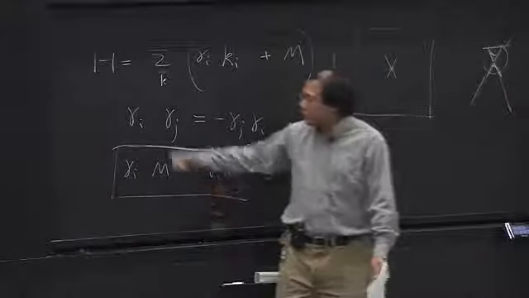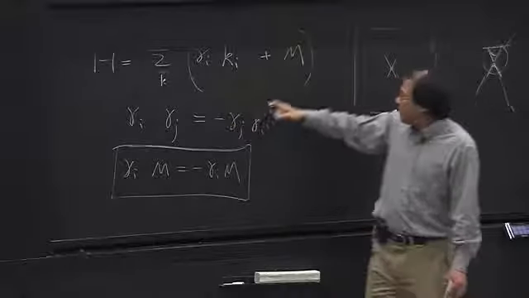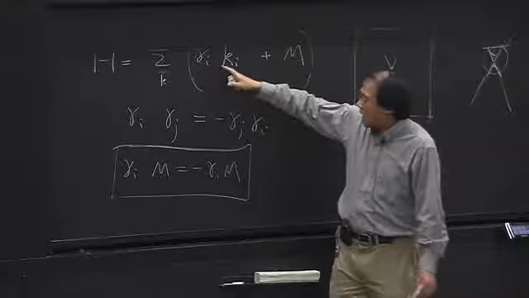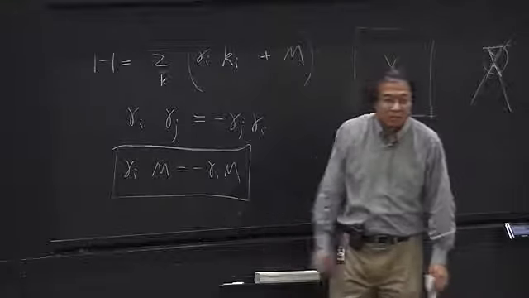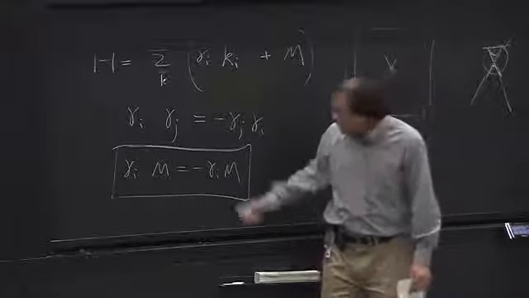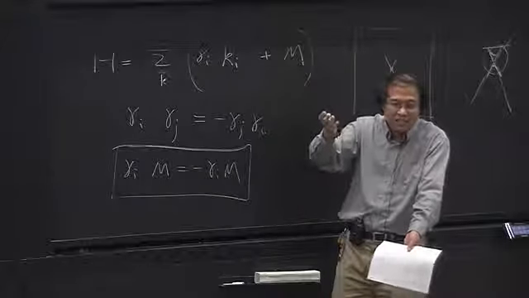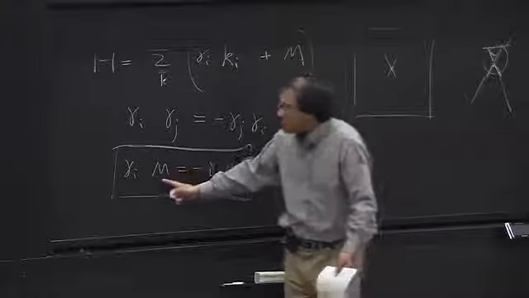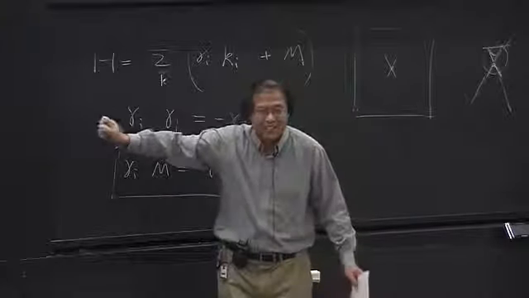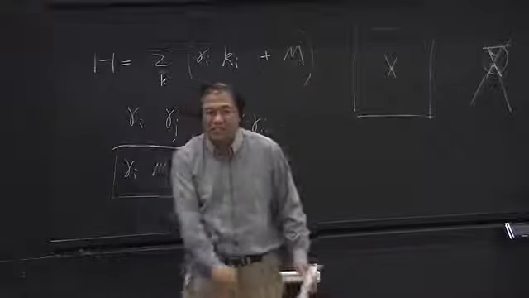So we have a system of gamma i which anti-commute with each other. And the mass matrix which gaps the Dirac fermion has to be a matrix that anti-commutes with all of the gamma i. And the eigenvalue of the M matrix has to be non-zero, so that we have a gap. And this M is exactly the H we considered over there. Classifying this kind of M is like classifying H over there.